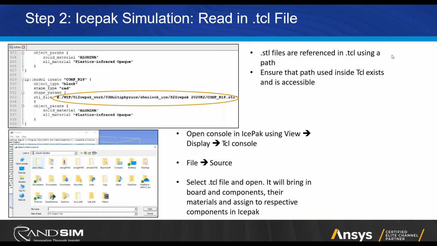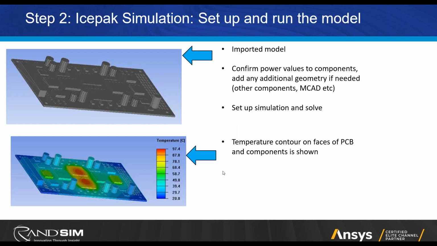This displays what I was just saying about what's going on with the TCL file. We can see the name of the component and its material information. And what you're more concerned about is seeing this pop up. So here we see a Sherlock export in IcePak.